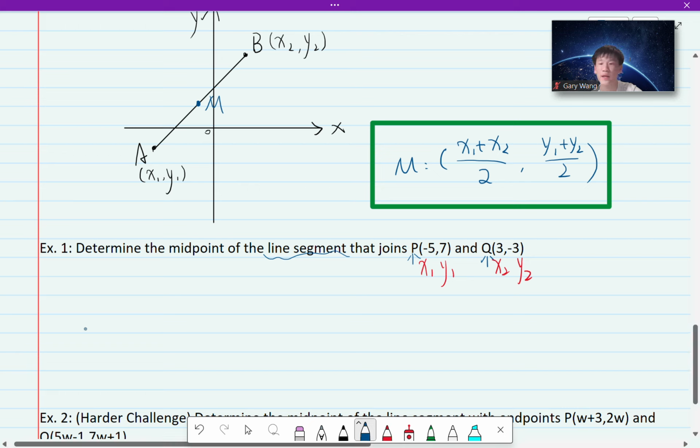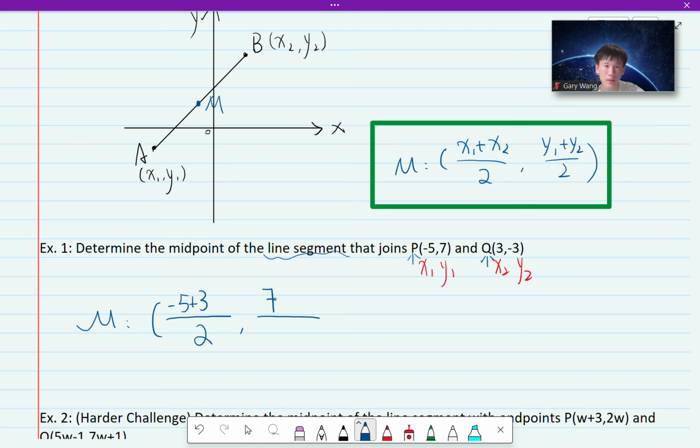And now it's just a simple substitution. So this would be (x1 + x2) divided by 2 and (y1 + y2) divided by 2, which will give us (-1, 2). So this will be the coordinates of the midpoint.